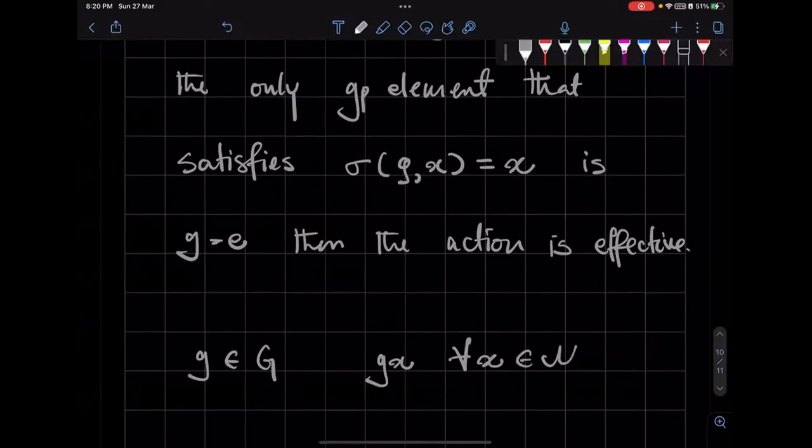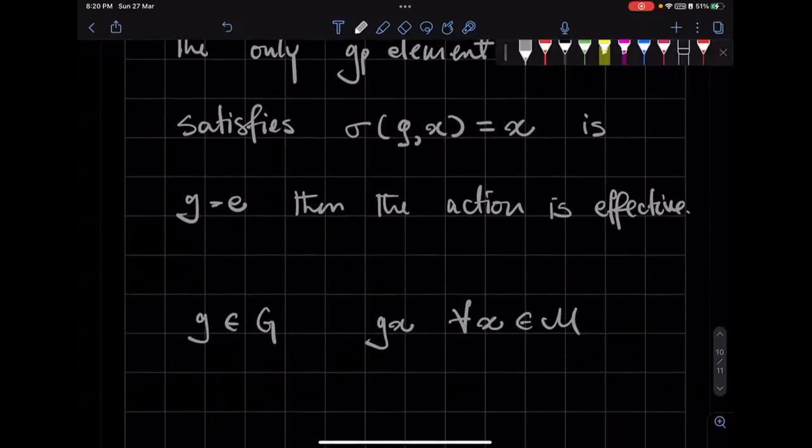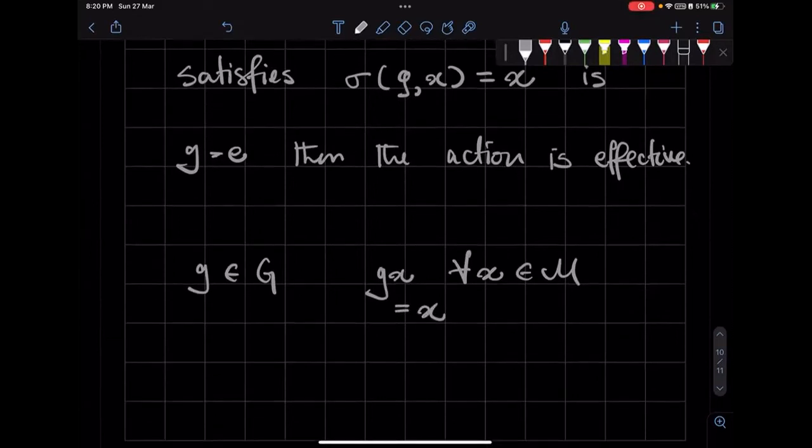And if we find that for all the X's this is true only for G equals E, then we say that the action is effective. So my question is, is the group action of SO3 on S2 effective or not?